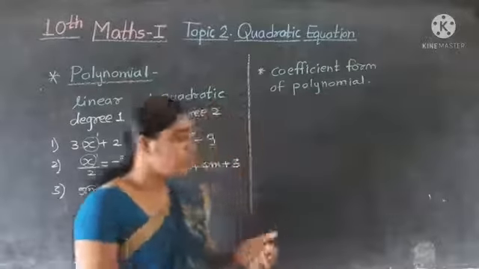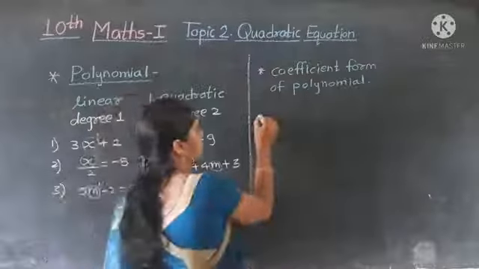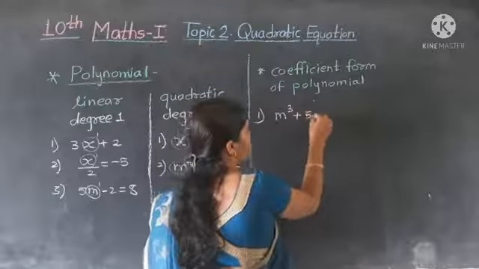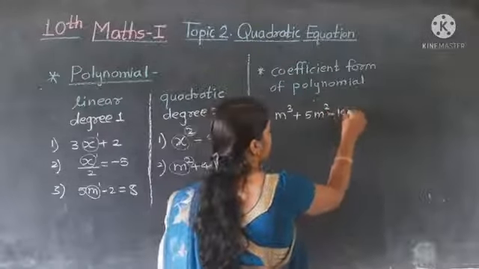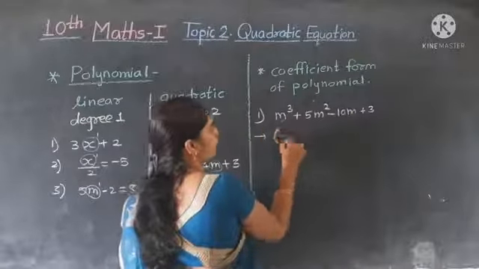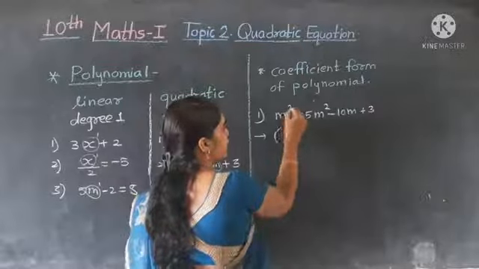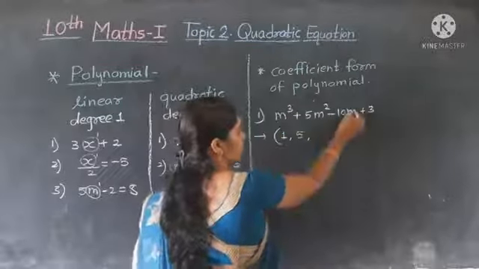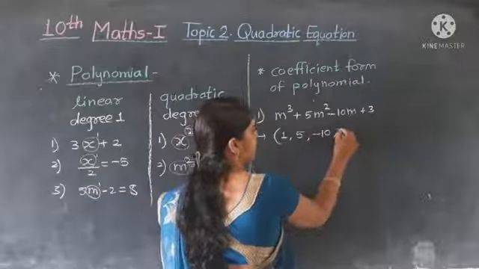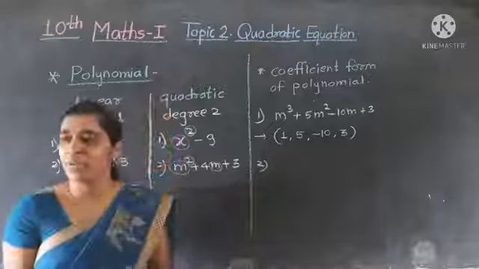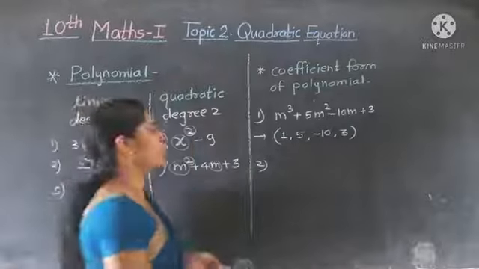Now what is the coefficient form of a polynomial? Suppose I write here m cube plus 5m square minus 10m plus 3. How do we write this in coefficient form? The first term m cube has coefficient 1, then m square is 5, m is minus 10 and the constant term is 3. Suppose one term is absent, then we write 0.